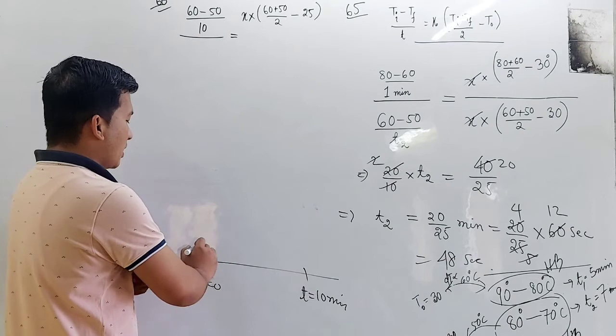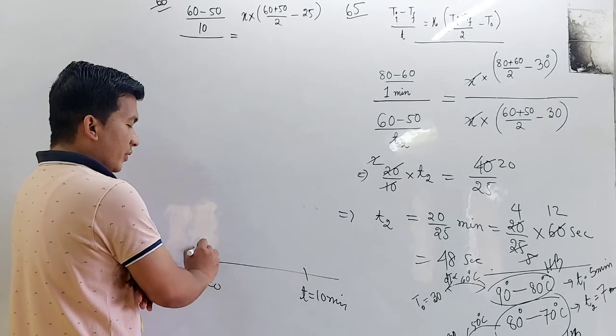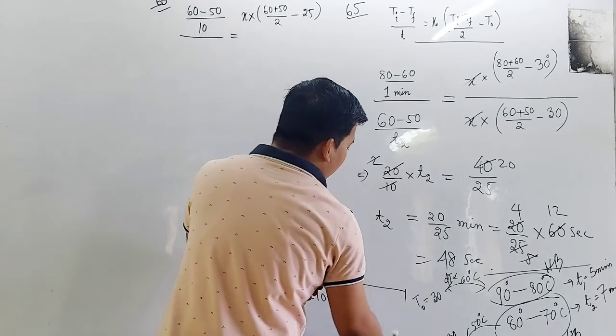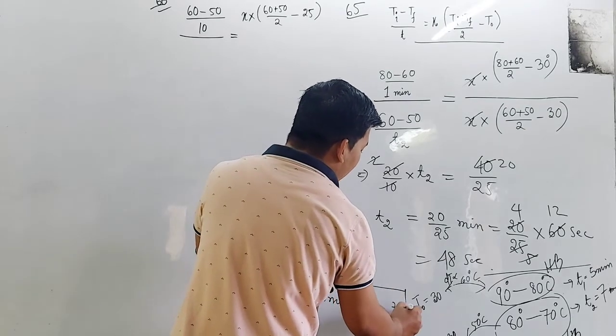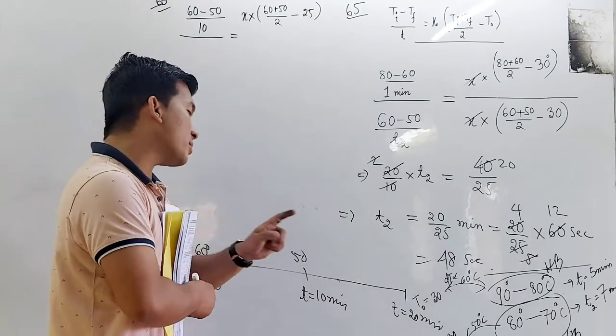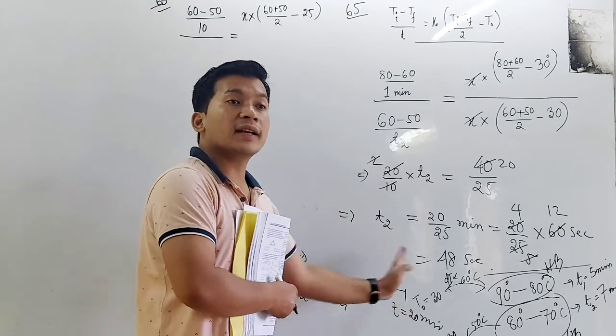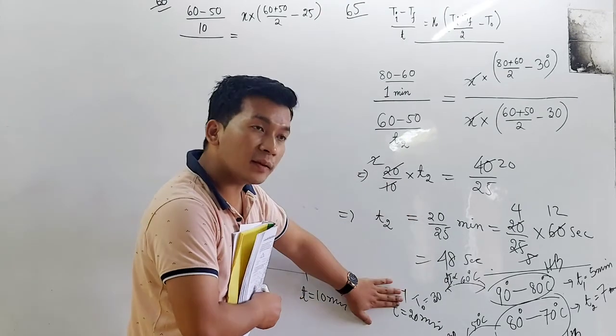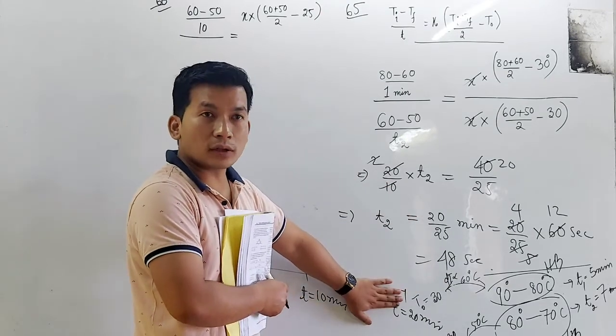The temperature changes from 60 to 50. Next, what would be the final temperature after the end of 20 minutes? Next 10 minutes means from 10 minutes to 20 minutes, the second 10 minutes. Is that understood or not?